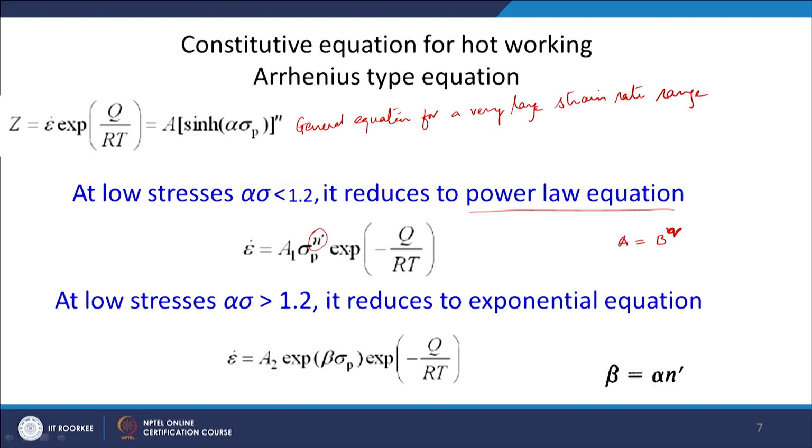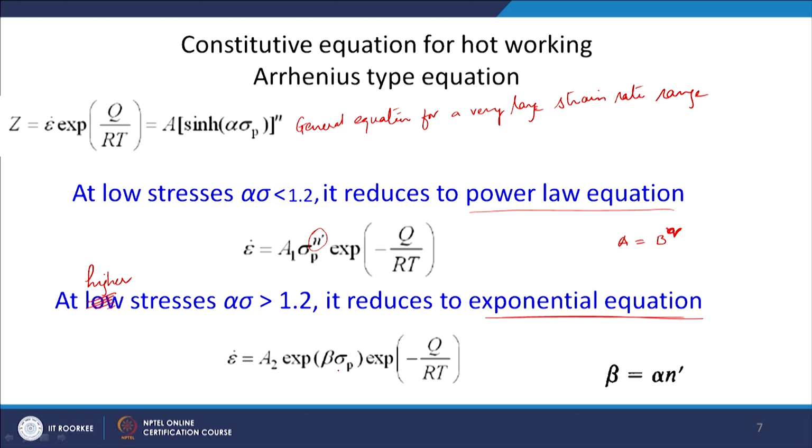As you go to higher strain rate, and basically higher stresses, there is a mistake here, I would write higher stresses. Where alpha sigma is more than 1.2, this generalized equation can be reduced to an exponential equation, given by an equation like this.